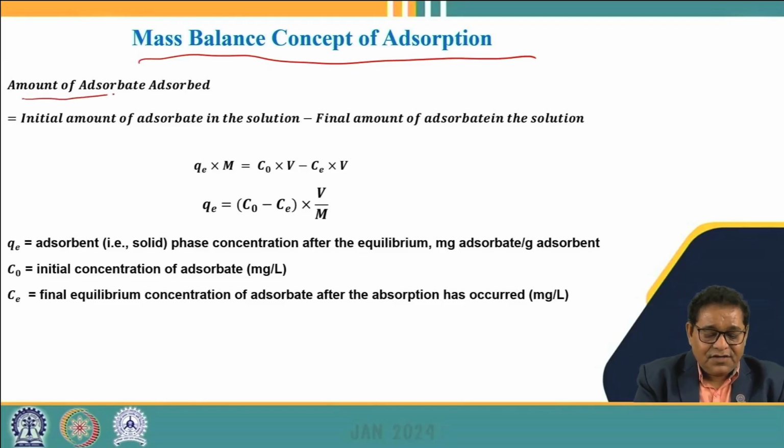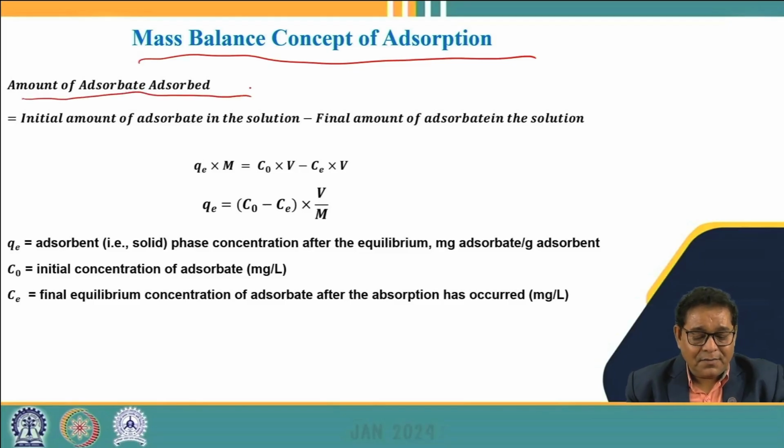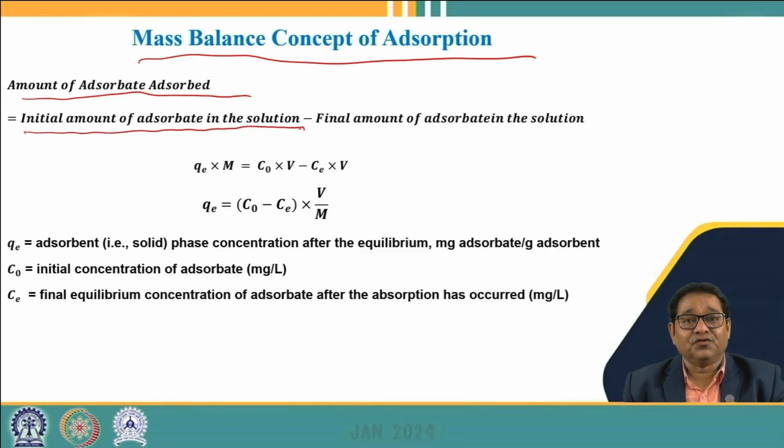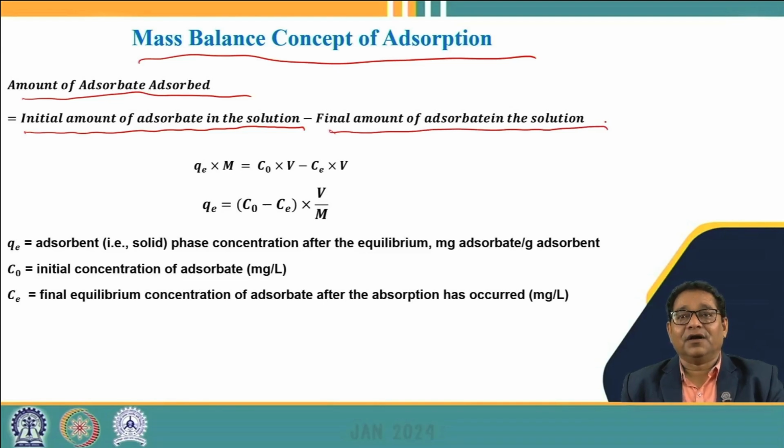So to find out the amount of adsorbate that is adsorbed, that will be equal to the initial amount of adsorbate in the solution minus the final amount of adsorbate after the adsorption is over. C0 is the initial concentration and V is the volume of the solution taken.